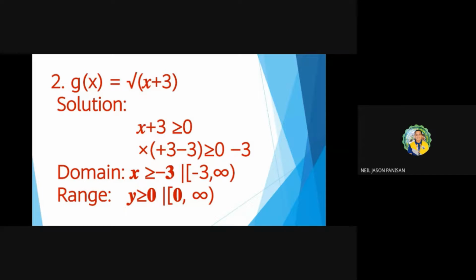Notice that in this function, I use numbers which can be easily extracted in terms of their square root. It's better in the square root function to use perfect numbers, those numbers which can be easily extracted in terms of their square root, just like 0, 1, 4, 9, 16, 36, and so on.